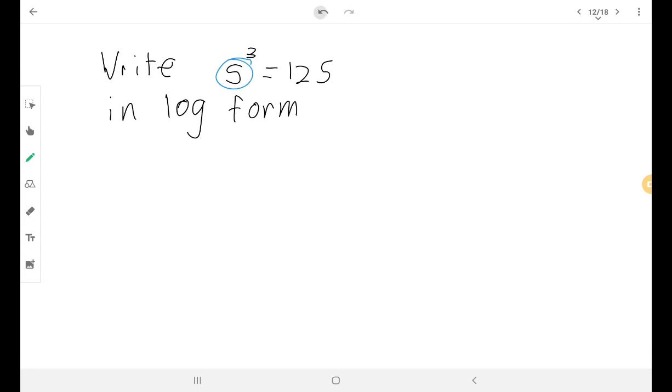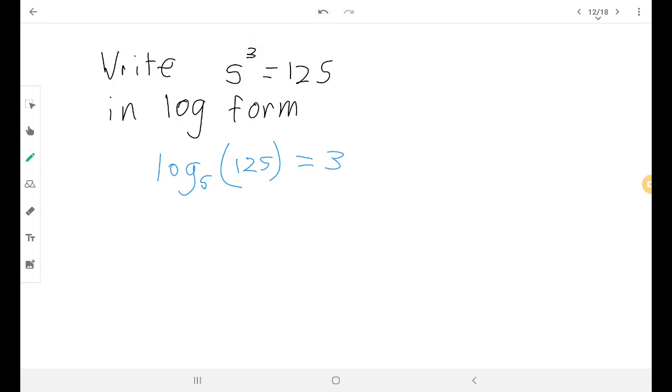This number is the base, so it's log base 5 of something. And the something, it wouldn't make any sense for it to be the 3 because that's already there. So the something is what the exponential equation equals. So it's log base 5 of 125, and then it equals the exponent, 3.